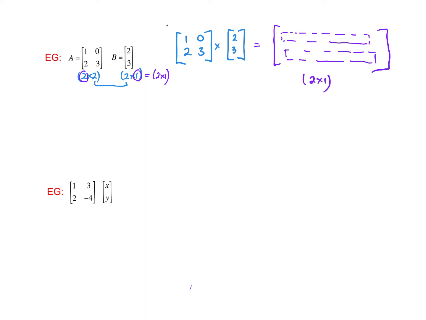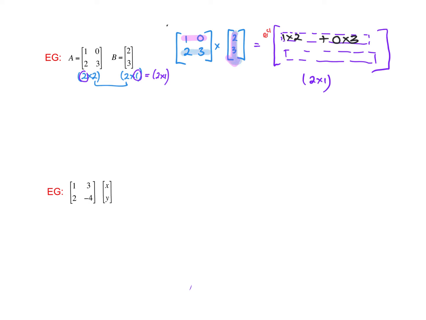So if you think about this first one here, I'm in row 1 and column 1. So when I go to multiply, I'm going to go row 1 with column 1. So it's going to be 1 times 2 plus 0 times 3. And then the next row, you could go run and dive again.